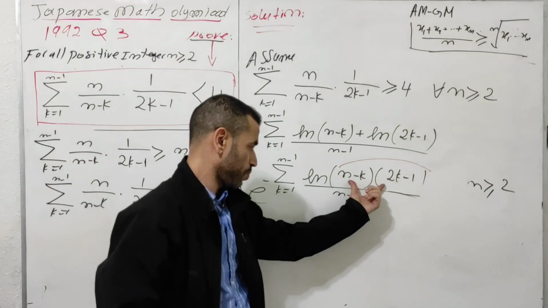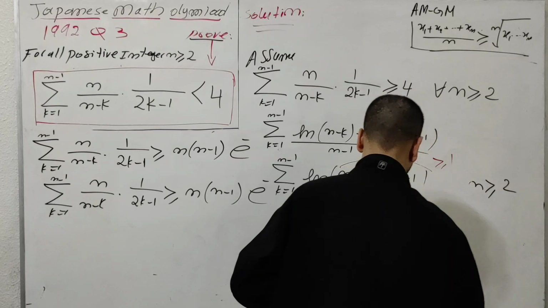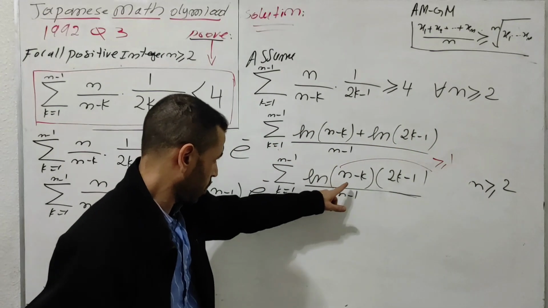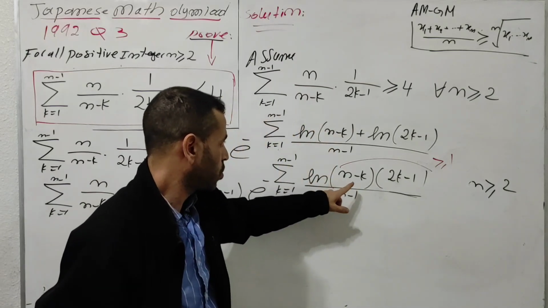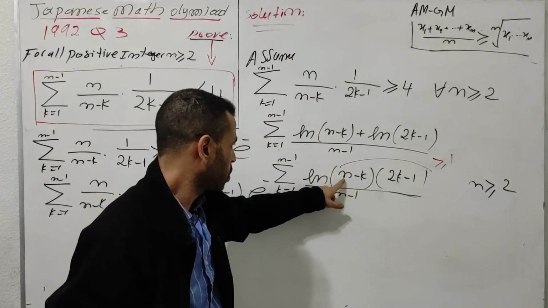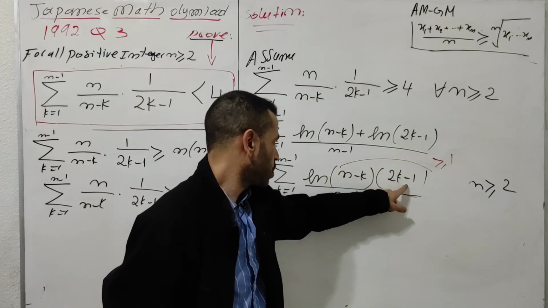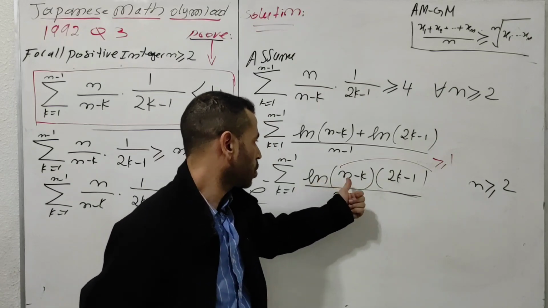If you take a look at this product, it is superior or equal to 1 always, because if you replace k with 1, we know n is superior or equal to 2. Let's consider n equal to 2, for example. 2 minus 1 is giving us 1, 2 minus 1 is 1, and 1 multiplied by 1 is giving us 1. Natural log of 1 is equal to 0.